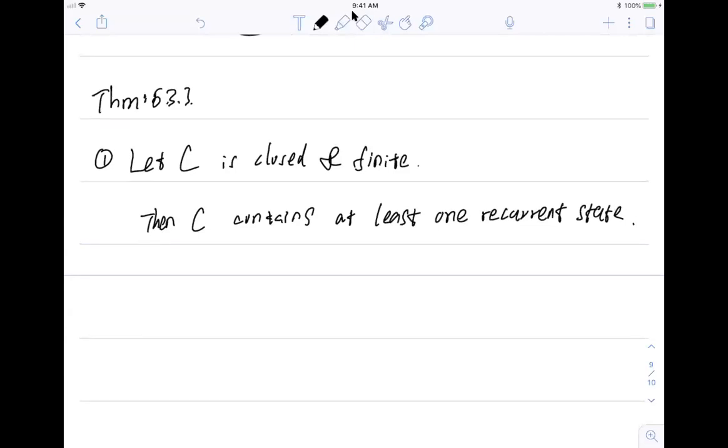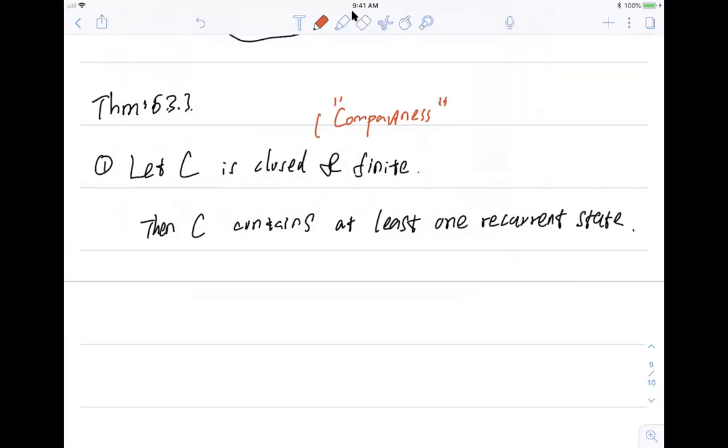This is not exactly, but it looks kind of like compactness, not the usual compactness in analysis. If it's closed and finite, it's kind of compact, and you can have a recurrent state.